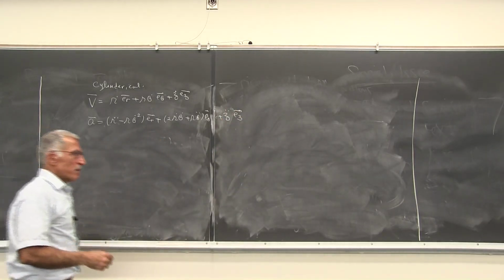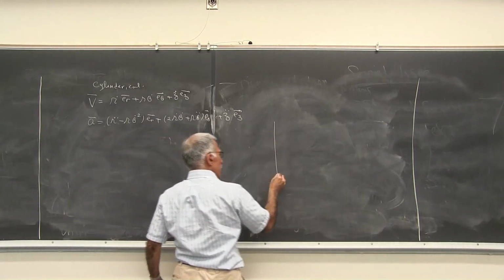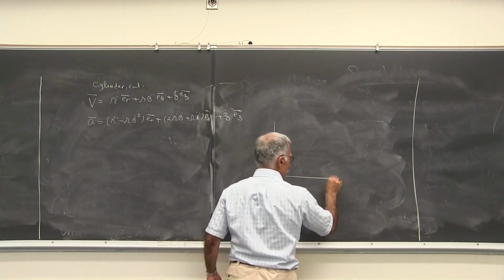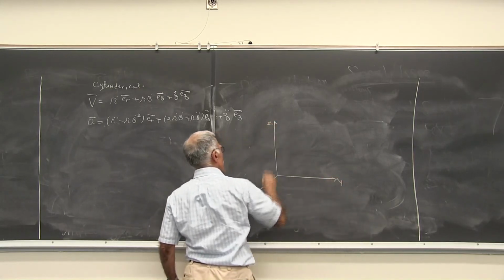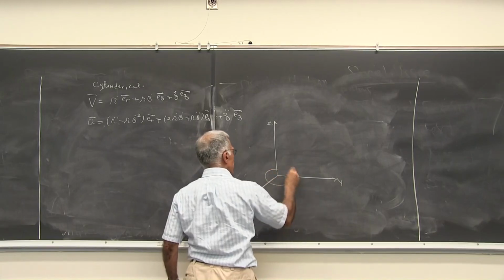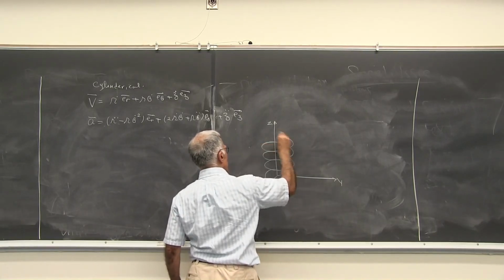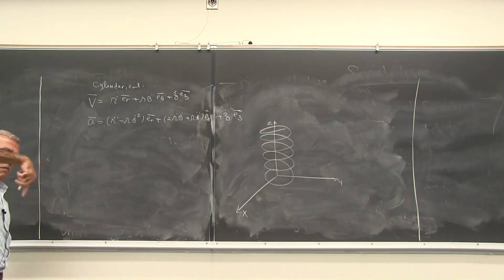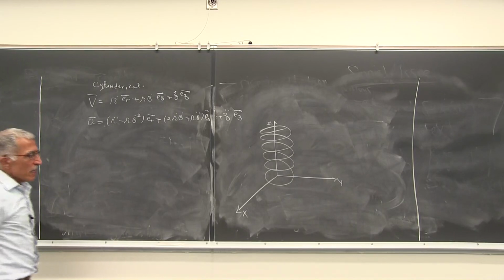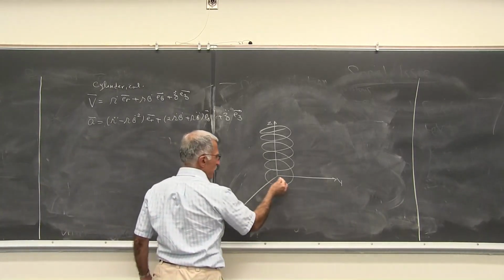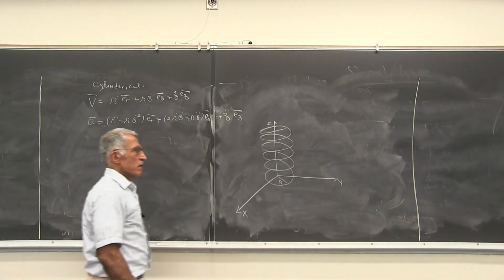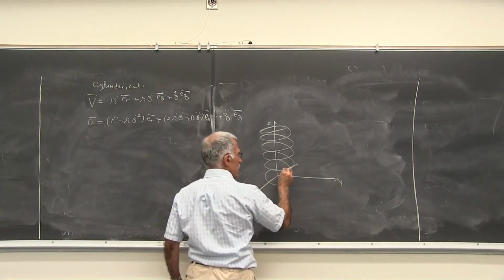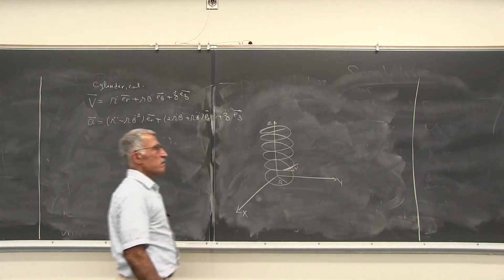All right, let's solve one more problem. Let's say that you have xyz, and you have some spiral here. It goes around the z-axis, it goes up, and the radius of this spiral is capital R, and the angle of this spiral is alpha.